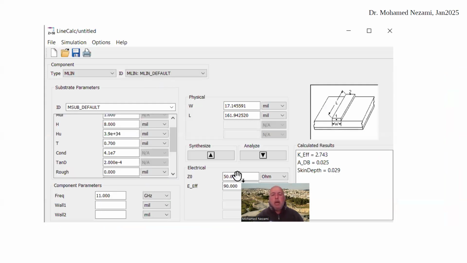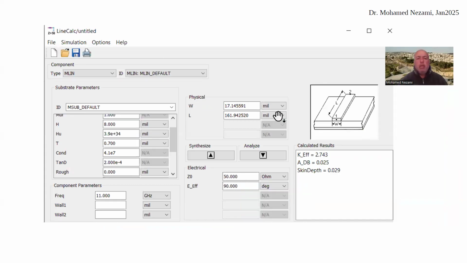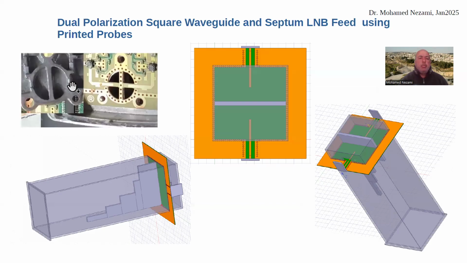All right, so we start out in my designs. I've used Rogers material, 4003, 8 mil height. So a 90 degrees is about 162 mils length on this substrate, and the 50 ohm line is about 18 mil. Okay, 17 and fractions. So that's basically what we're going to do.